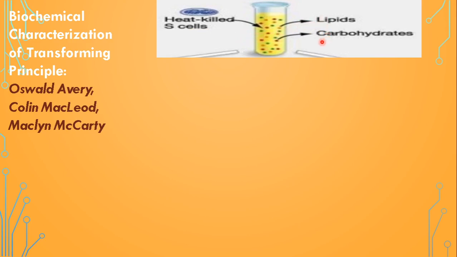So whatever remains will mainly be protein and nucleic acids, because it was assumed that the transforming principle, which was later referred to as the genetic material, would be either protein or nucleic acids. It was almost certain that lipids and carbohydrates are not acting as genetic material, so at the first step itself they were removed.